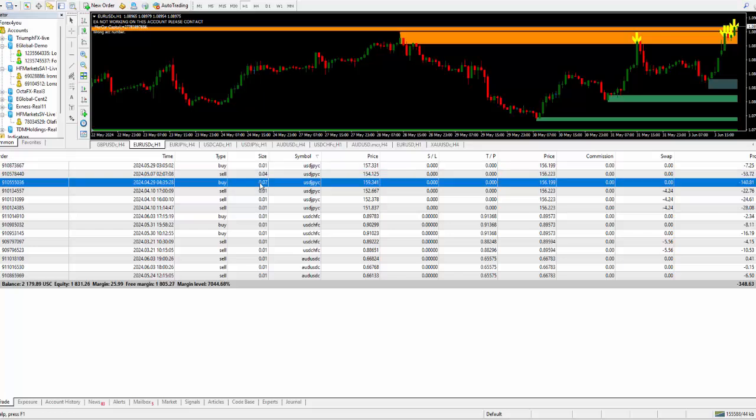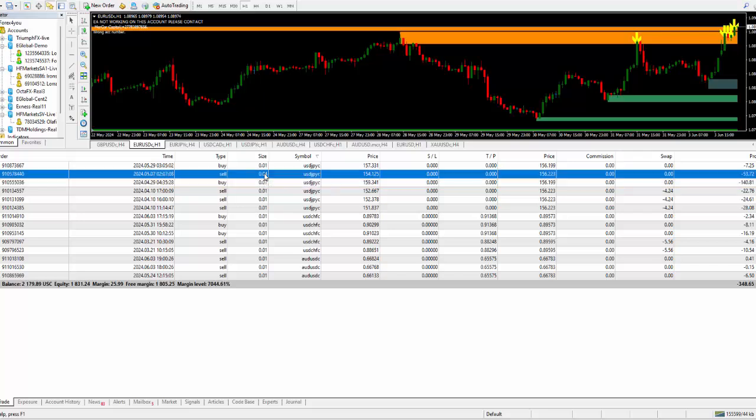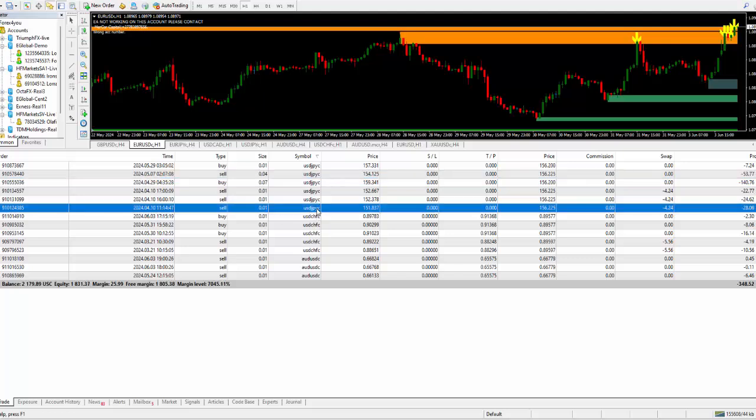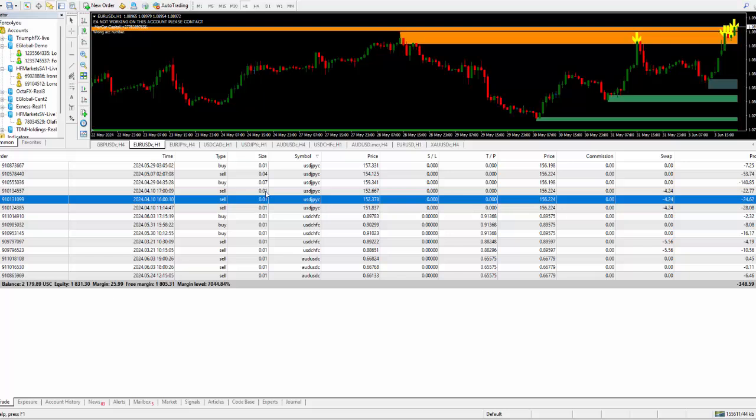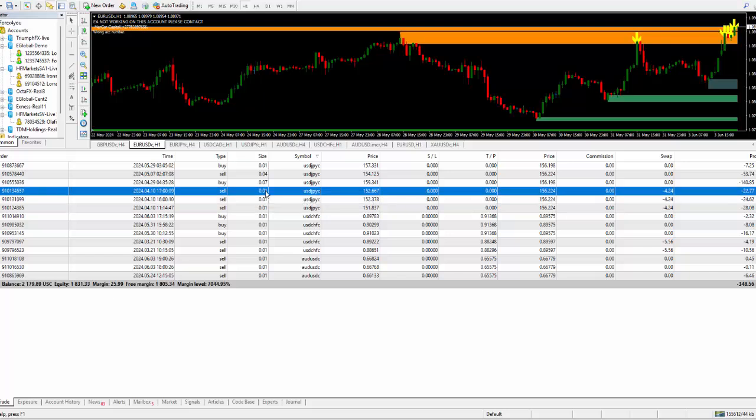You can see, like I showed in the previous screen, this is a 0.07 by 0.04 sell. How do we get here? If you look here, we have 0.01 sell, 0.01 sell, 0.01 sell, because I normally do what we call dollar cost averaging.